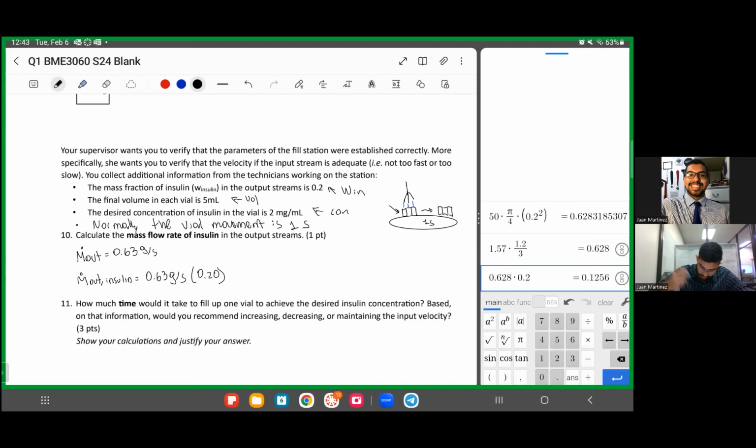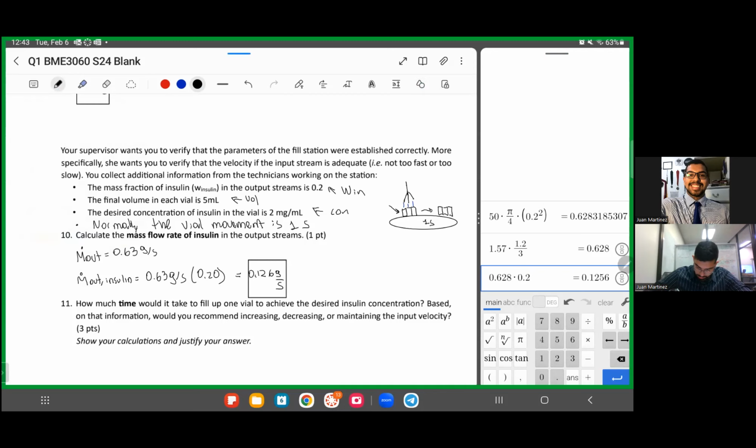So the mass out of insulin is 0.126 grams over second. That's what we're asked, which is the mass output of insulin. So we're going to box this numerical answer. Great.